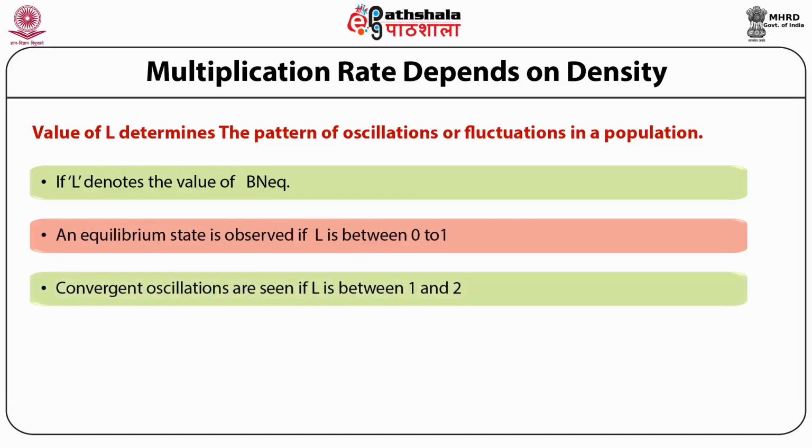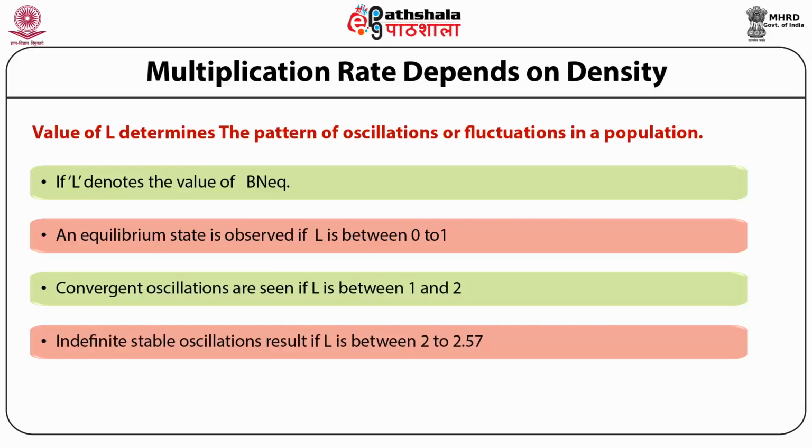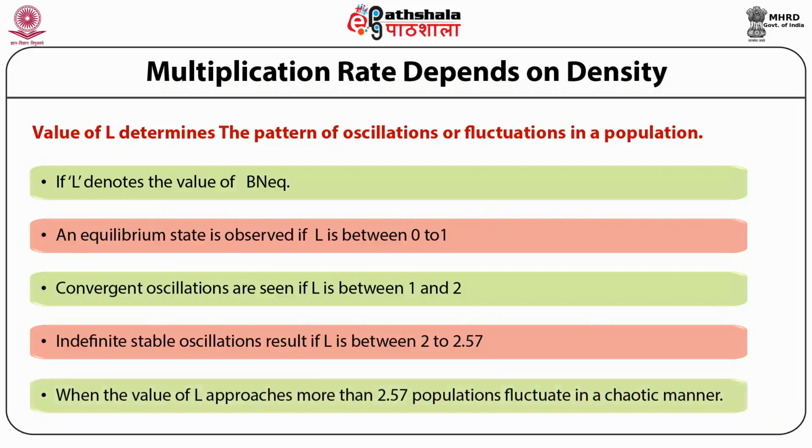The convergent oscillations can be seen when the value is between 1 to 2. Indefinite stable oscillations result when L is between 2 to 2.5, and when the value of L approaches more than 2.57, the population fluctuates in a chaotic manner.